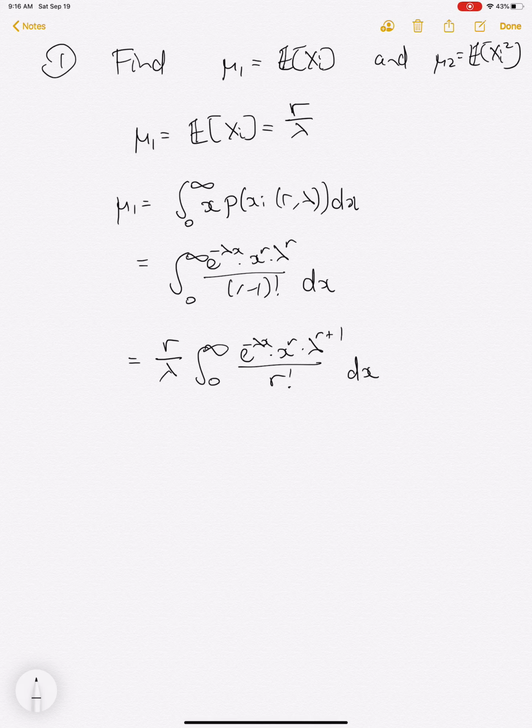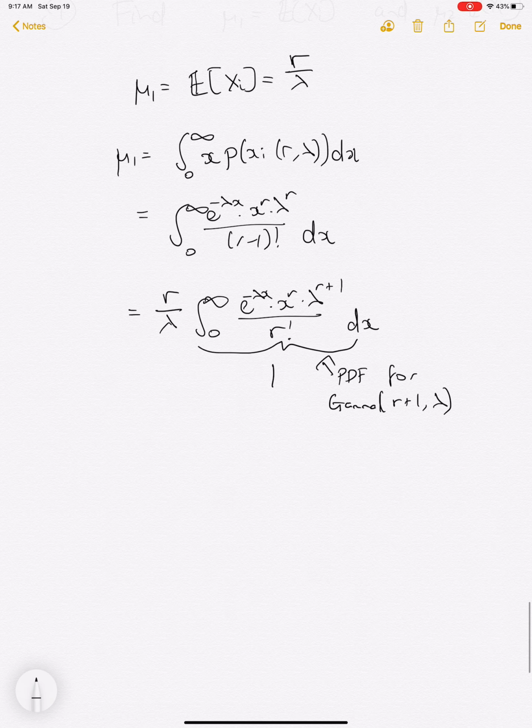So you can take it out of the integral, and then you get an expression here that this is going to be 1 because this is the PDF for an r plus 1 lambda gamma distribution. So when you integrate a PDF, it's always 1. So mu1 is r over lambda.